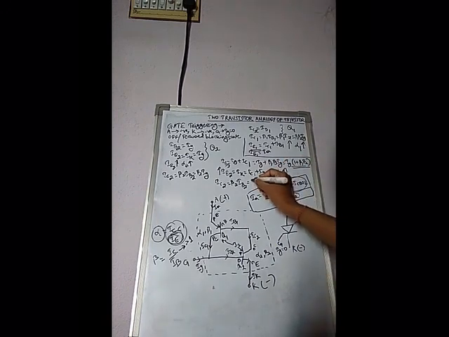If I apply this value here, beta 2 into Ig into 1 plus beta 1 beta 2. See what you observe from this part.